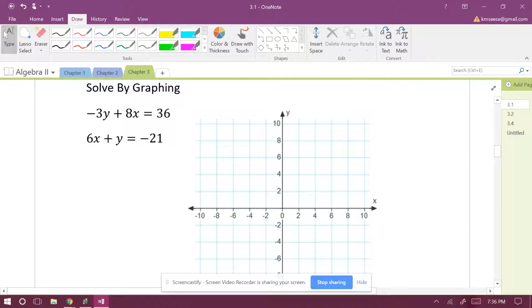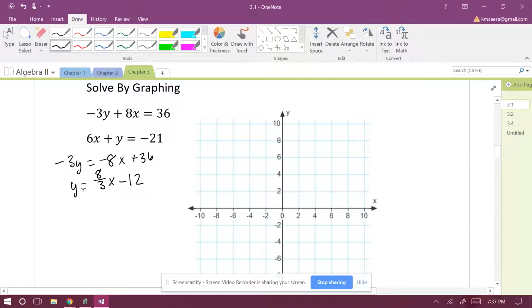So for this one, we're actually going to use a calculator. The first thing I want you to do is solve both of these equations for y. If I'm solving the first equation for y, I have negative 3y equals negative 8x plus 36. Dividing everything by negative 3, y equals 8/3 x minus 12.